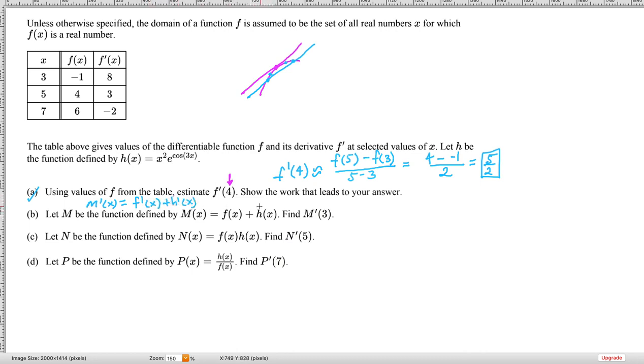And then to plug in to find m prime of 3, you need to have a value for f prime of 3 and h prime of 3.